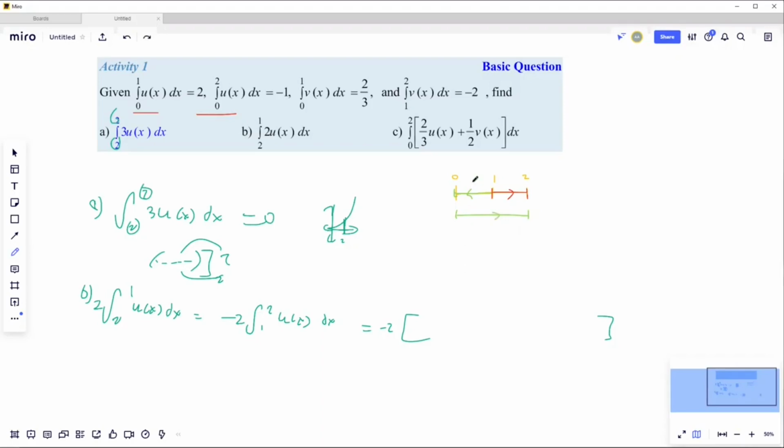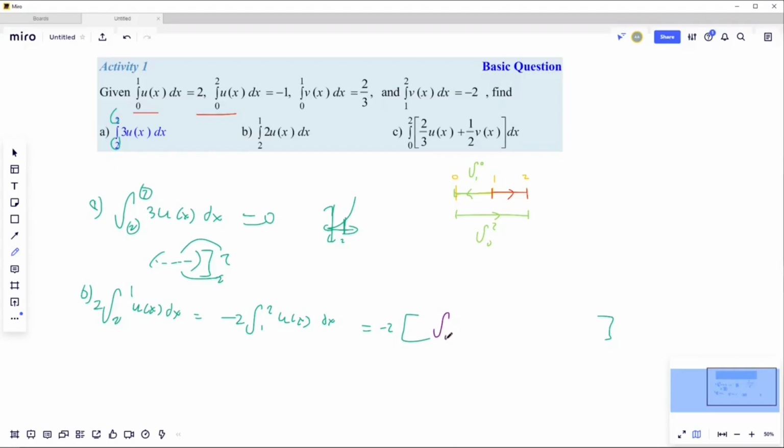So for this one, it's integral from 1 to 0, important, so you're going from 1 to 0, and then integral from 0 to 2. So let's write that. Integral from 1 to 0 of, let me change the color, let me pick purple, for example.